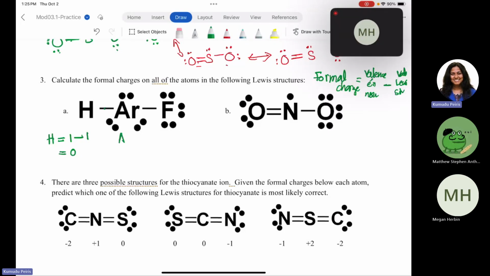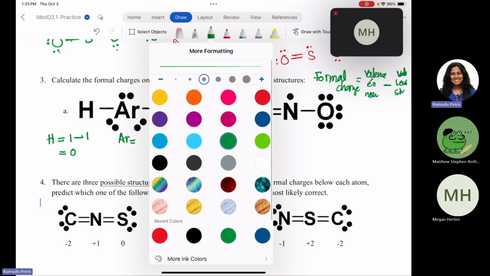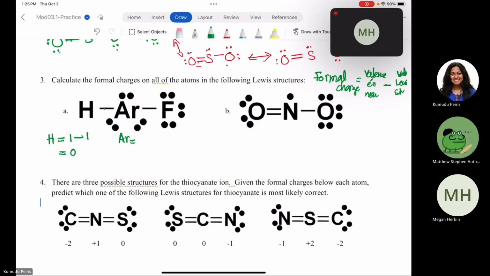Next, I'll consider the argon. What is the number of valence electrons in a neutral atom of argon? It is 8, right? So now we'll consider its unshared electrons, right?